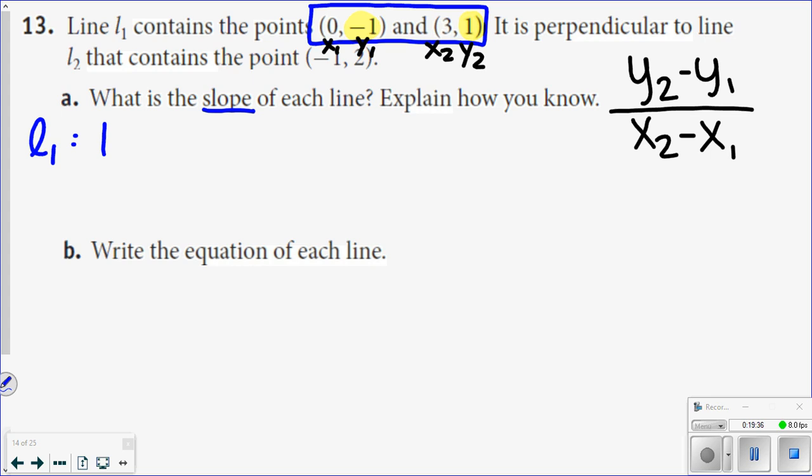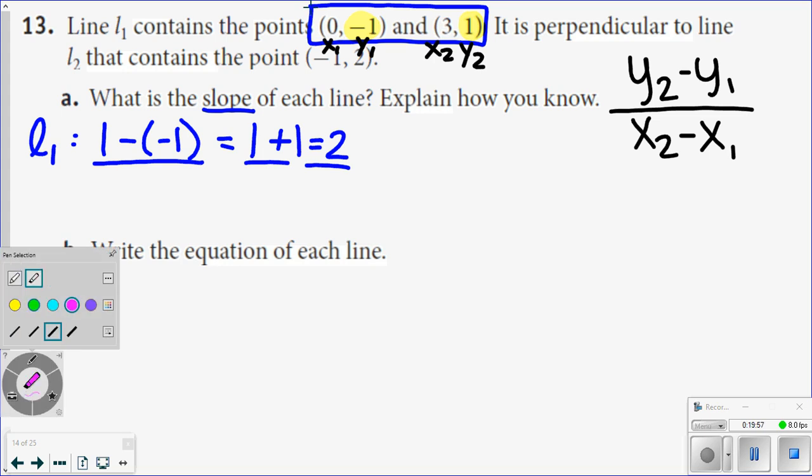So 1 minus -1. Well, two negatives make a positive, so that turns into 1 plus 1, which is 2, divided by, in the denominator, we have our x's.